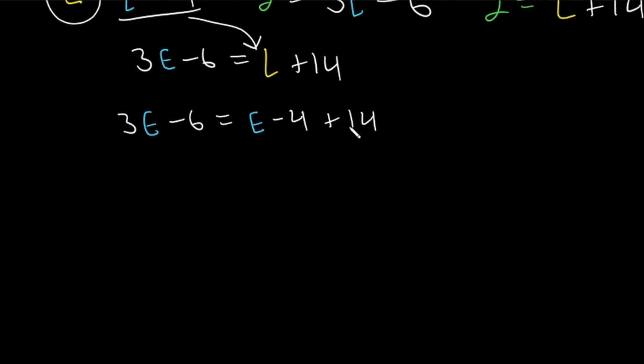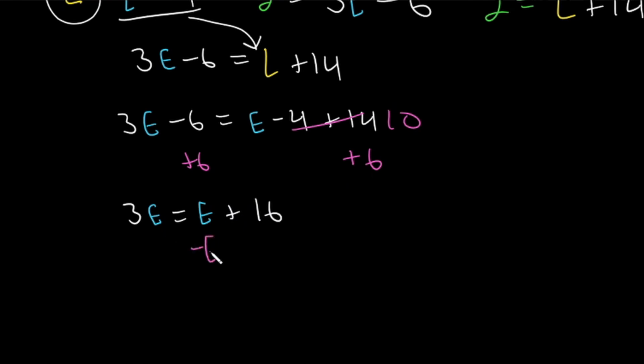So let's start on this side. 14 minus 4, that's going to be 10. And then let's add 6 to both sides. So now we're going to have 3 times e is going to be equal to e plus 10 plus 6 is 16.